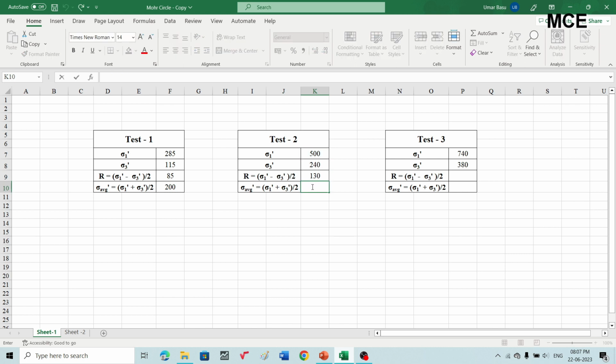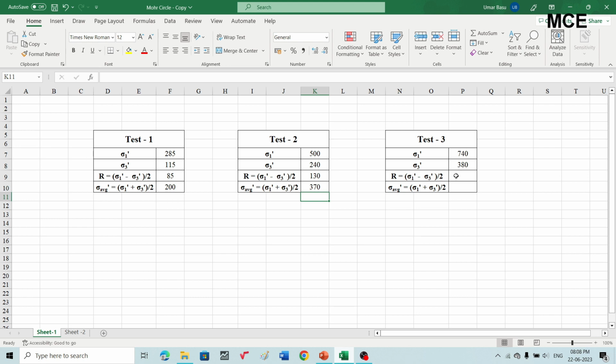And similarly for sigma average for test 2, you will write the equal sign, then the bracket, select sigma 1 prime, then the plus sign, then select sigma 3 prime, close the bracket, divide it by 2 and press enter, and you will get the sigma average for test 2.